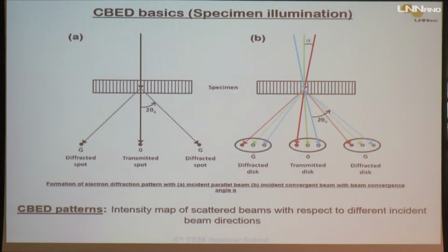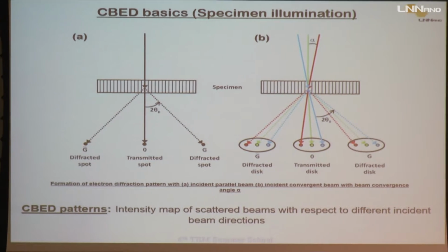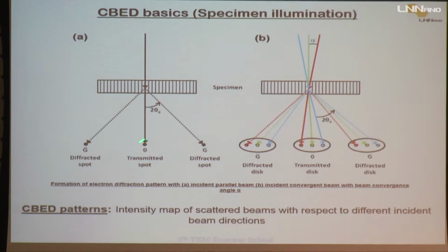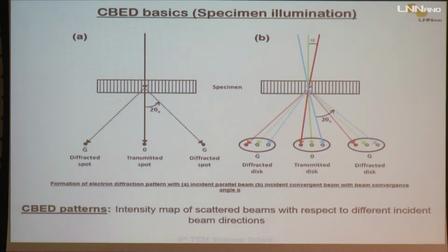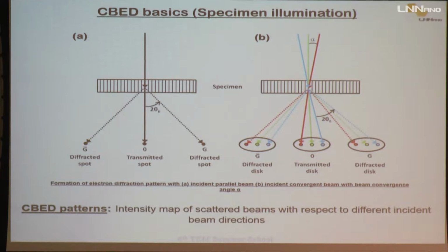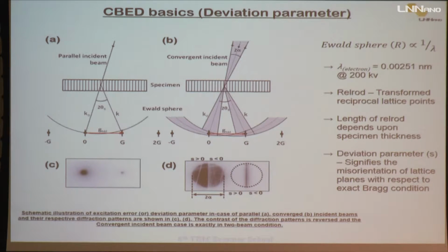One particular CBED disk can be considered as rays coming from several selected area diffraction spots. So CBED patterns can, in general, be considered as intensity maps of various scattered beams with respect to all incident beam directions.